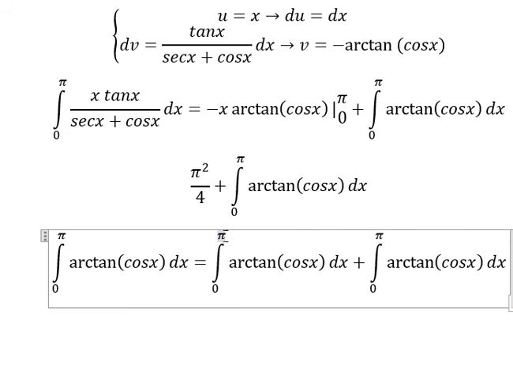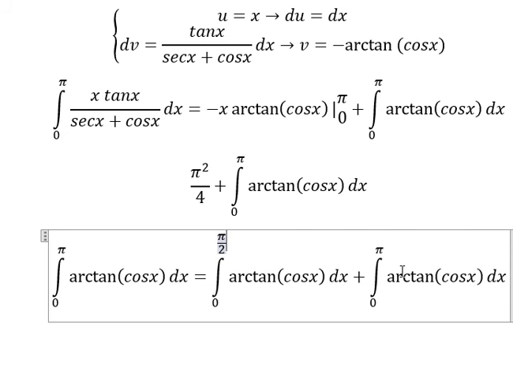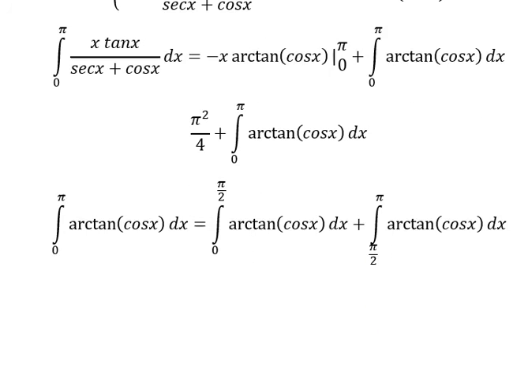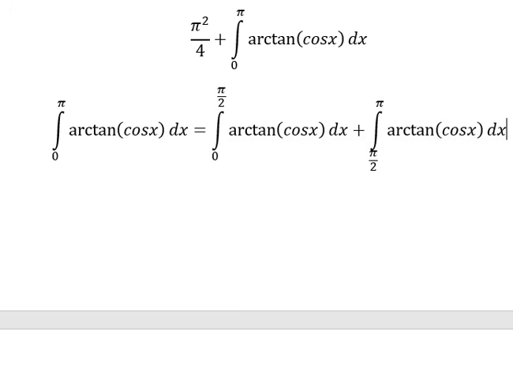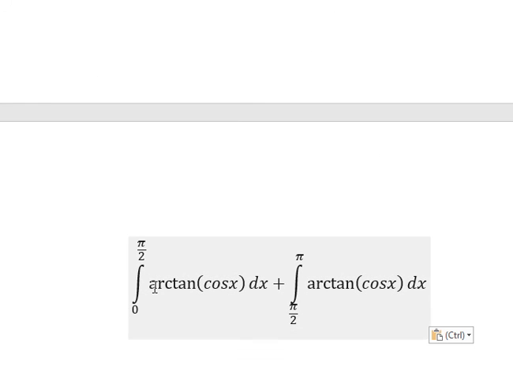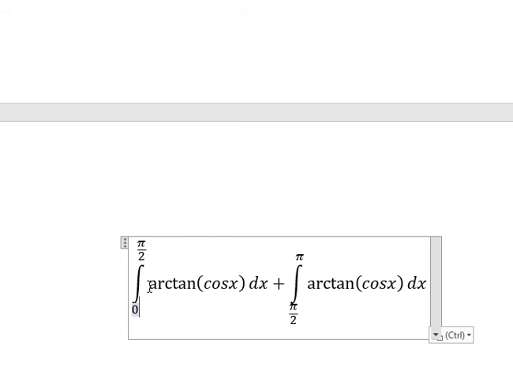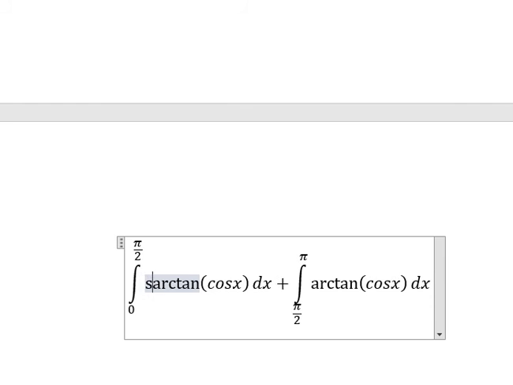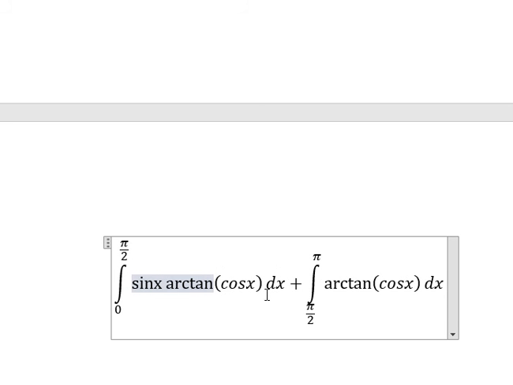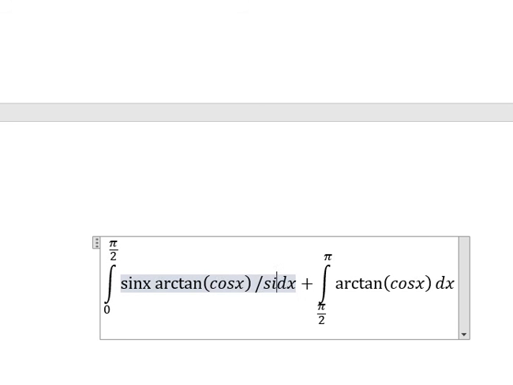The first one from 0 to pi over 2 and the second one from pi over 2 to pi. Next, about this one, I will multiply sine s on numerator and denominator.